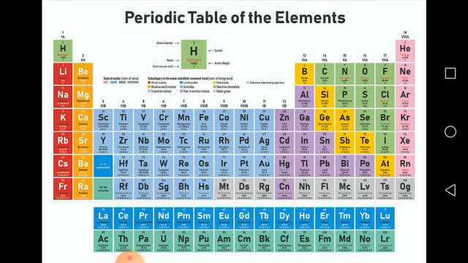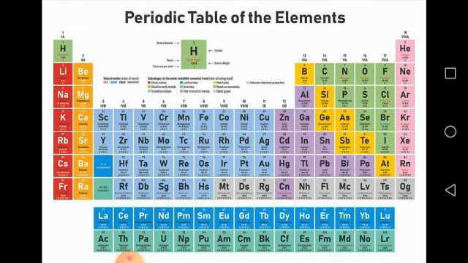As we mentioned before, the periodic table is an arrangement of elements in ascending order according to their atomic number and the electronic configuration in the energy sublevels according to the building up principle.